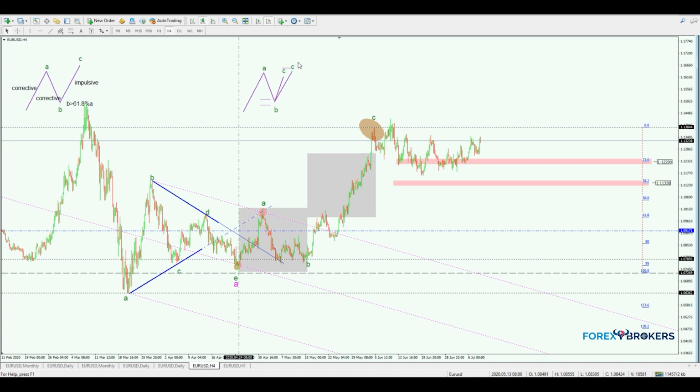And the third type is when the C wave retraces more than 161.8 when compared with the length of the B wave. All you have to do is measure the B wave, find 161.8, and see if the market exceeds it. In that case, the market forms an elongated flat.